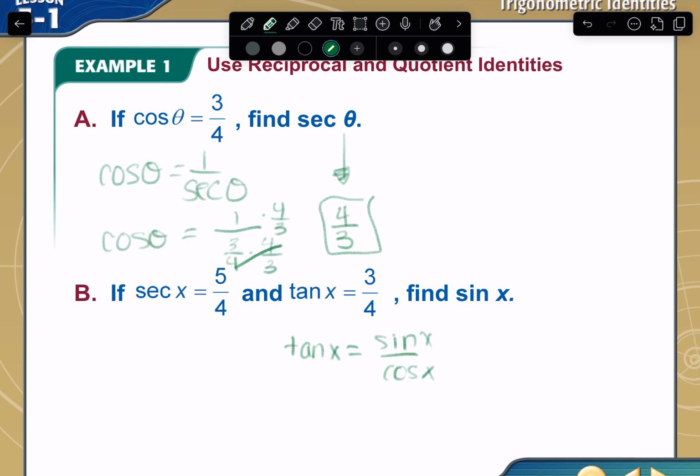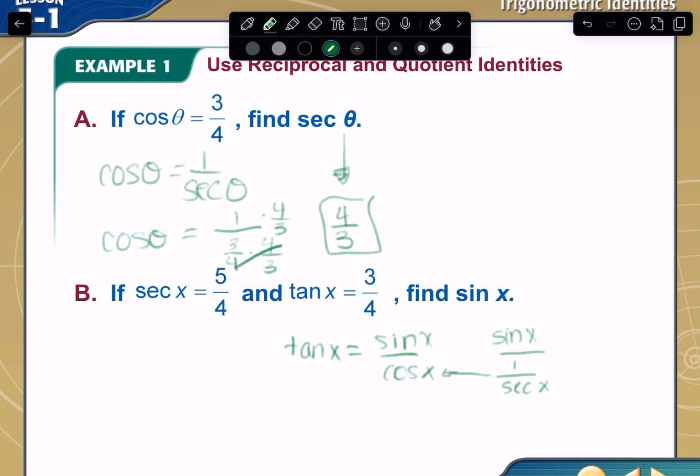So this cosine at the bottom, instead of leaving it as cosine, I'm going to change it to a reciprocal identity, which is where the secant is going to come in. So I'm actually going to write this as sine x over 1 over secant x. So that's where that is coming from.